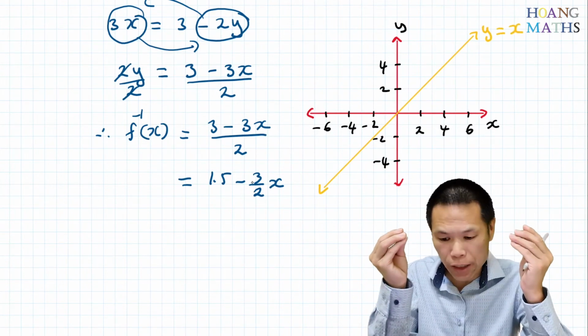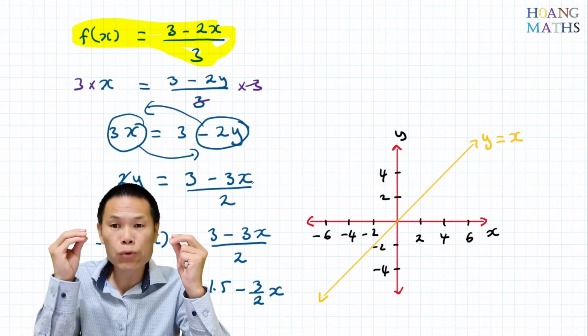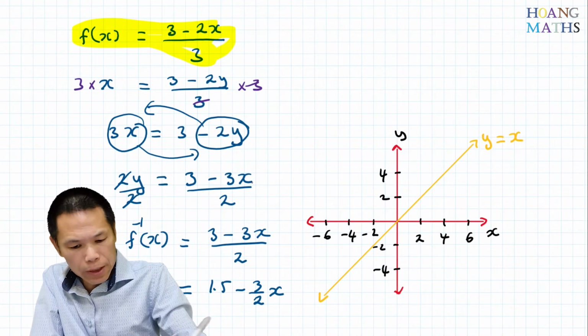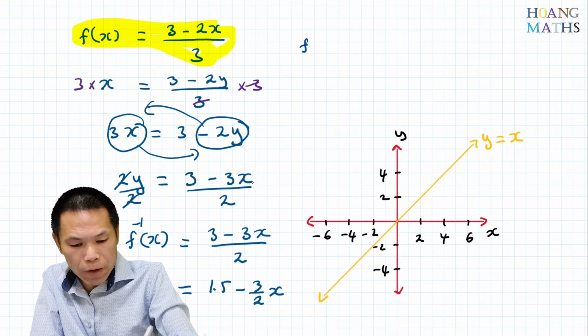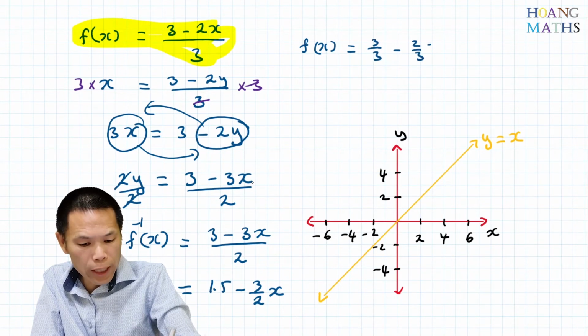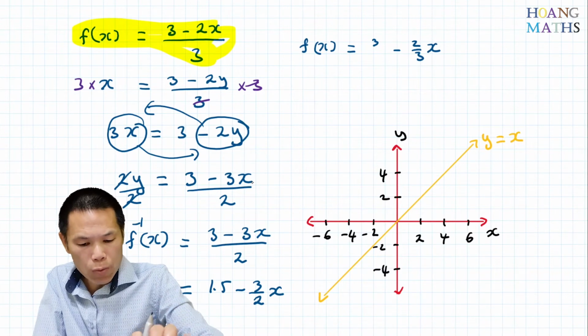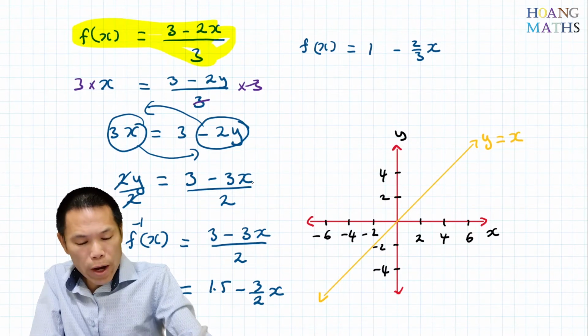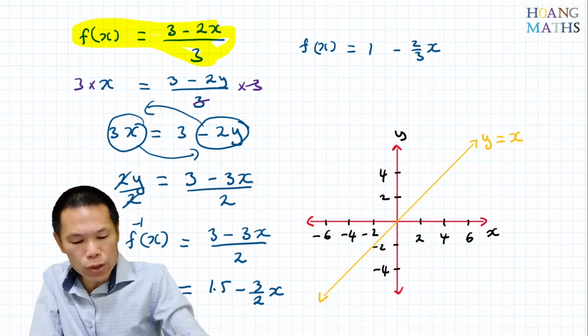Now let's get the function first. To get this, let me just rewrite this out first, okay? So let me write here. So f of x is equal to, so this one I can split this out. It's just like 3 over 3 minus 2 over 3x. But 3 over 3 is 1. So the y-intercept is when x is equal to 0.